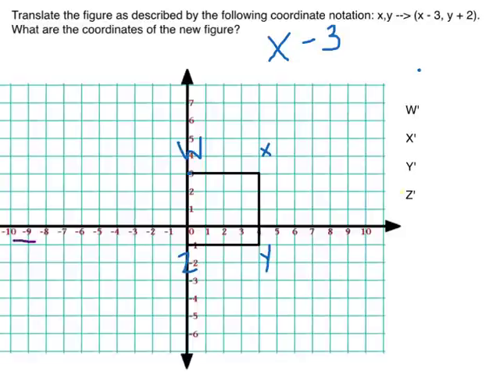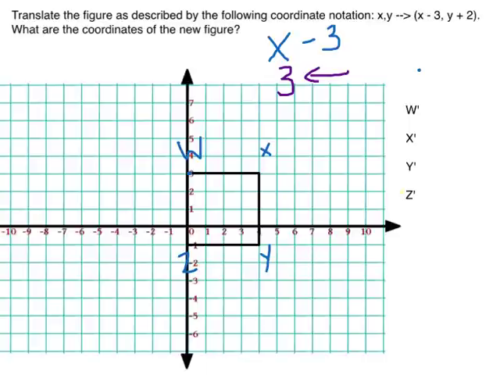Remember, as I move to the right, my values are increasing. We can see that 1, 2, 3, 4, 5, 6, 7, etc. That's increasing. As I move to the left, my values are decreasing. So if I want to decrease by 3, that means that my whole figure is going to move 3 steps to the left.